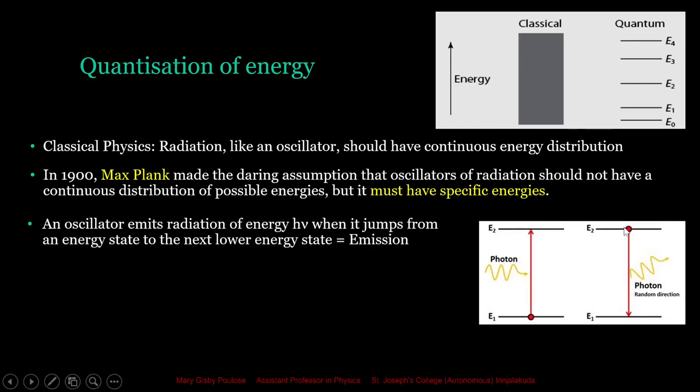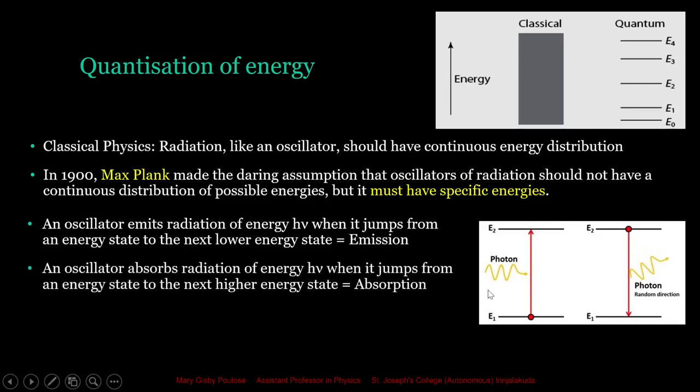In this figure, when this atom jumps from this energy state to the nearby lower energy state, it will emit radiation. This process is called emission, and the energy radiated will be E equals h nu, where nu is the frequency of that radiation.